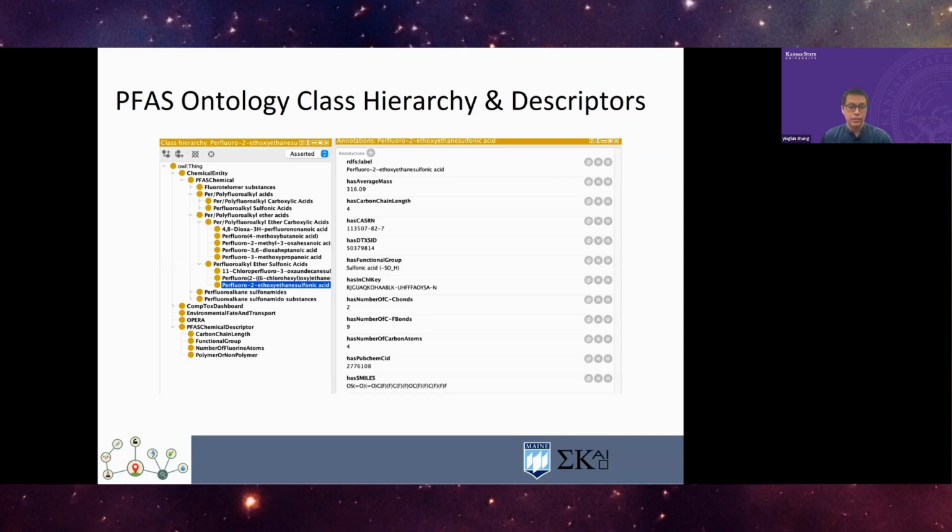Each chemical class is annotated with standardized identifiers from EPA's DSSTox database, including CAS numbers, DTXSIDs, PubChem CIDs, and InChIKeys, as well as key physicochemical attributes like their carbon chain length, functional groups, and SMILES strings. This structured representation makes the PFAS data interoperable and machine-readable, supporting more sophisticated querying and integrating with other datasets in the SAWGraph project. Thank you, and that was my part.